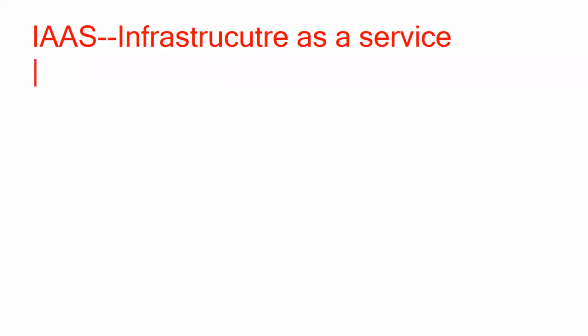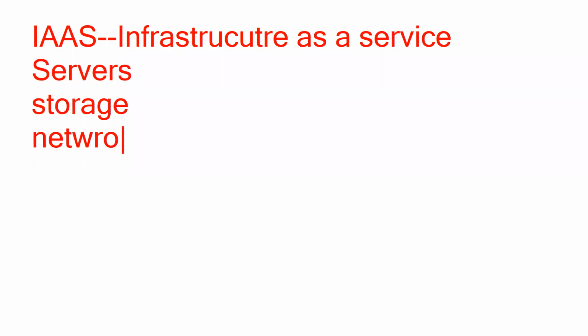What is infrastructure? The word itself describes it: infrastructure means the things which are visible. What things come under infrastructure? Servers, storage, network, database.